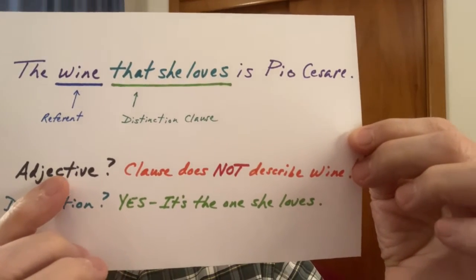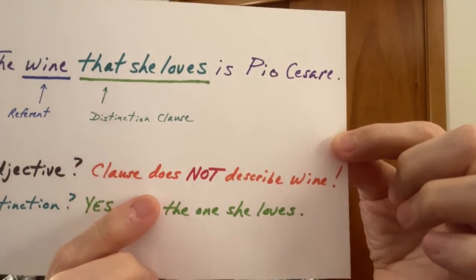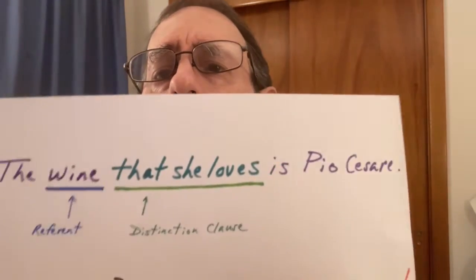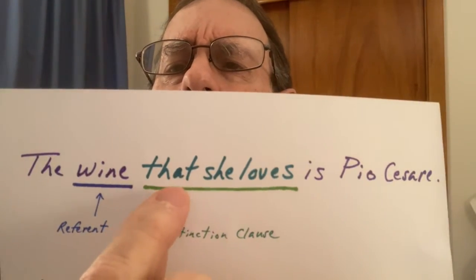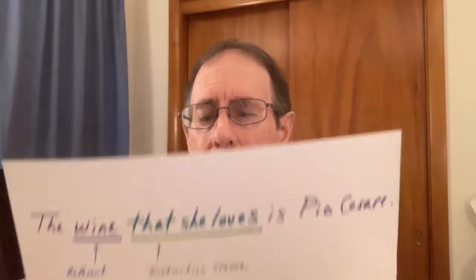Is it really an adjective? The clause does not describe the wine. You could say, yeah, that's a relative clause, or that's an adjective clause, because that's what they call it. That's what teachers tell little children. But it doesn't describe or modify the wine. It just lets you know that, yeah, she really loves it. It says nothing about the wine.